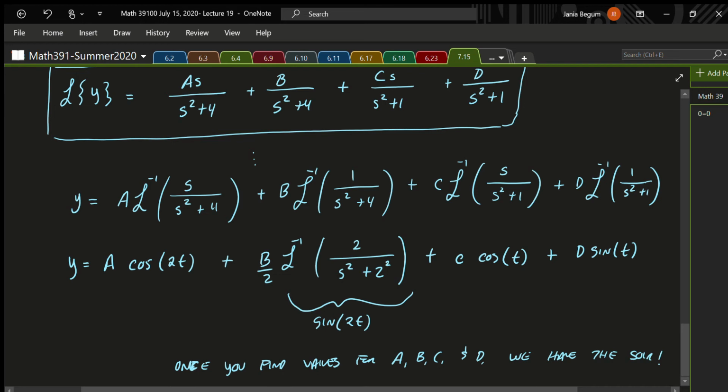So just keep that in mind. This question is almost complete if we're able to go through the computation of finding a, b, c, and d. Any questions on Laplace transform? Are you guys following?